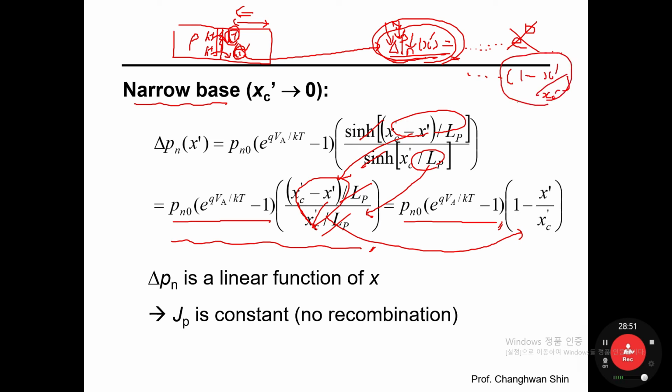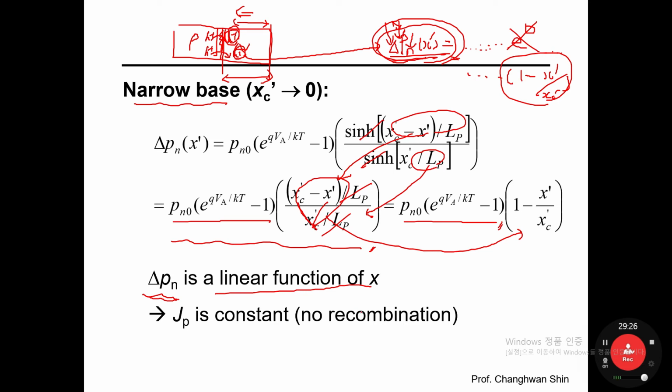This is a linear function. So when the physical length of the n side becomes very, very short, we can describe the excess minority carrier concentration with a linear function of x. As described here, delta p sub n now becomes a linear function of x instead of an exponential function of x.